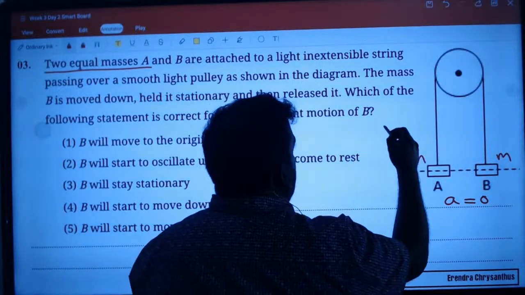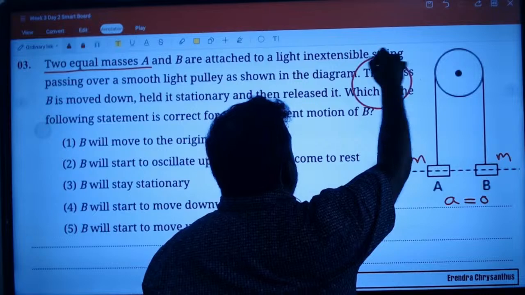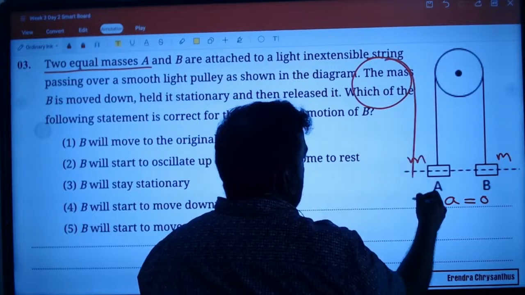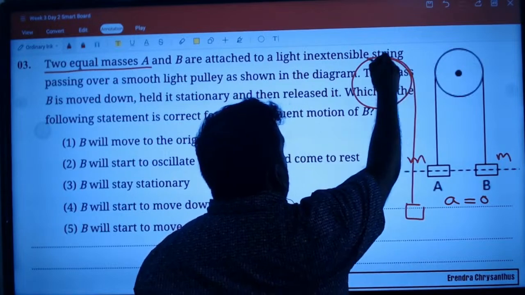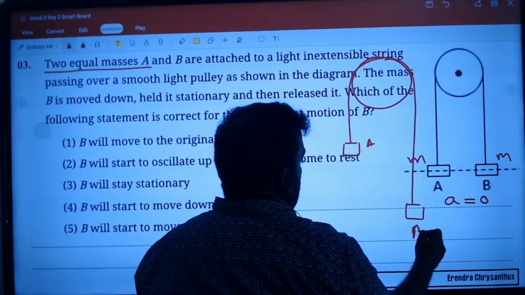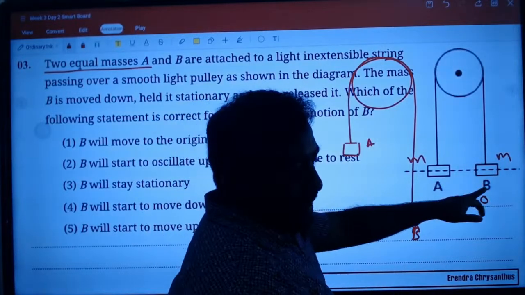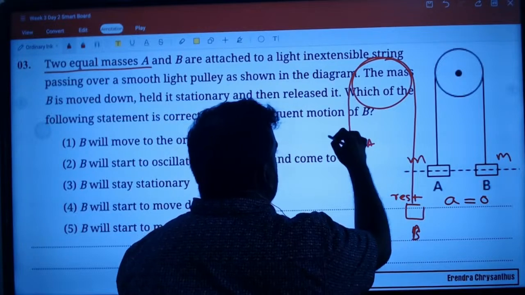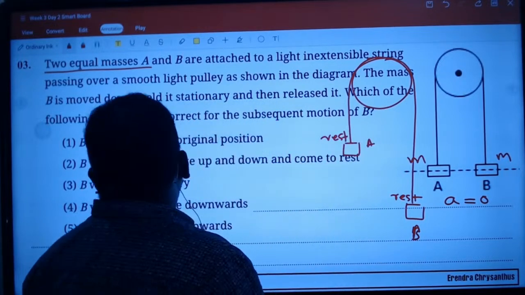So if I move B slightly down, A will be slightly up, and I release it, what will happen? Acceleration must be 0, so it will be at rest, no change.